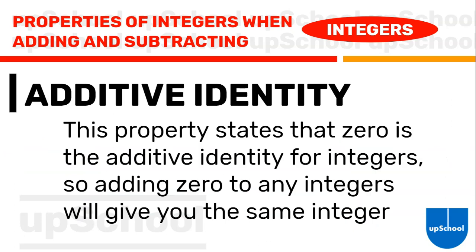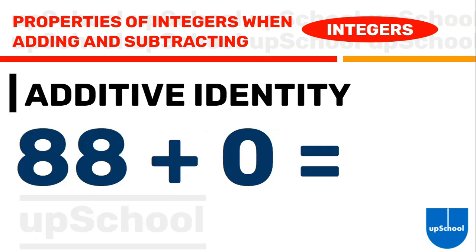The last property is the additive identity. This property states that 0 is the additive identity for integers, so adding 0 to any integer will give you the same integer. So if we add an integer plus 0, we'll get the same integer, or basically the identity will stay the same. Let's see that.